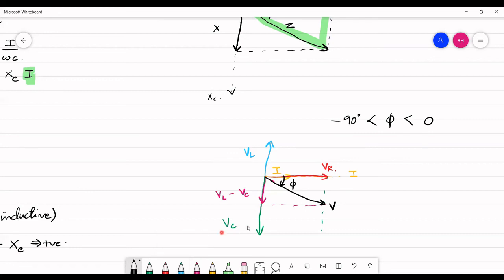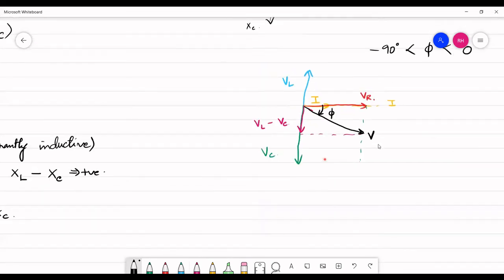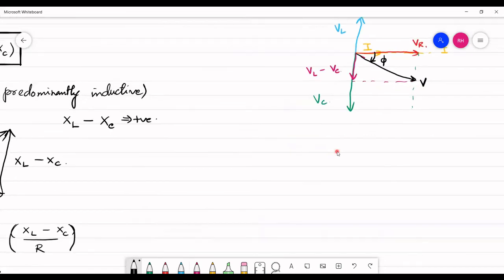And if you draw the related power triangle, here we have the reactive power and real power, and reactive power is supplied by the circuit.